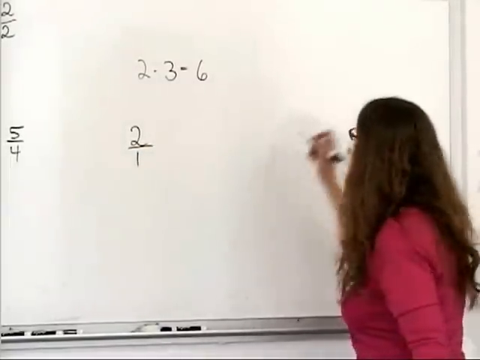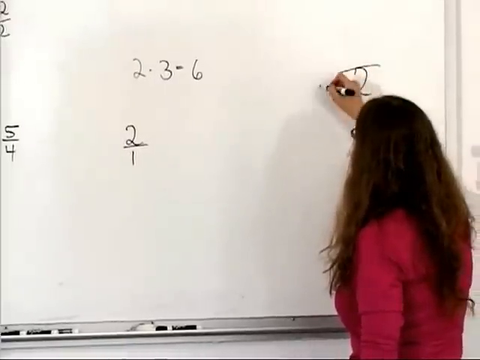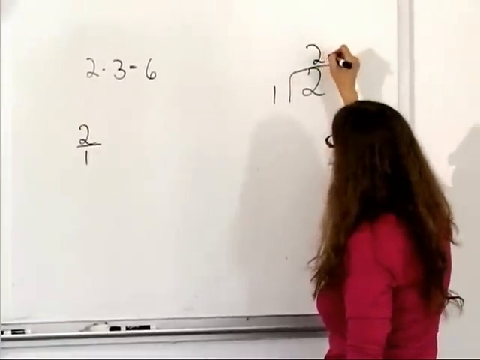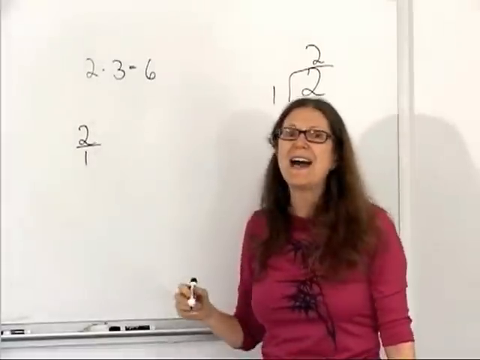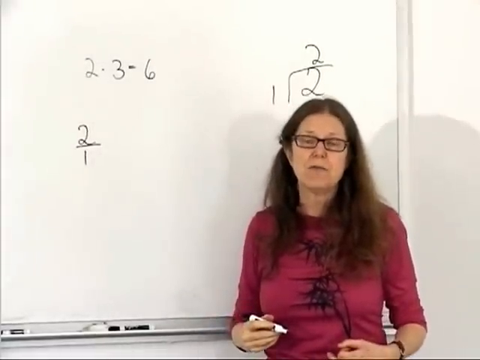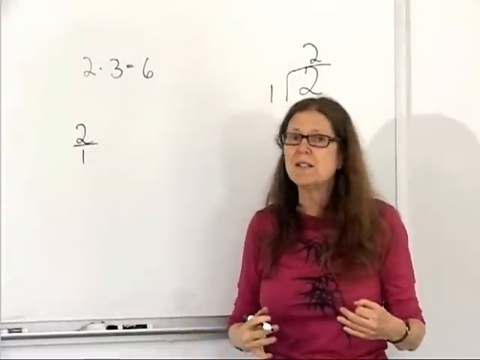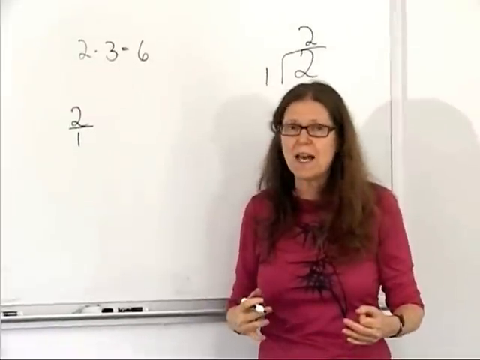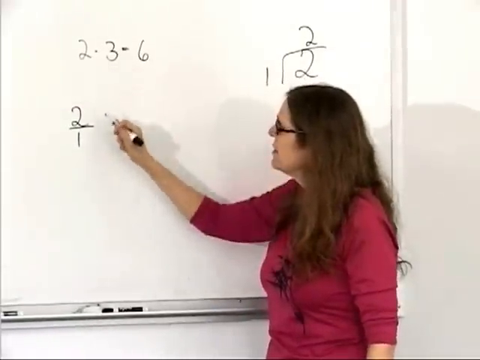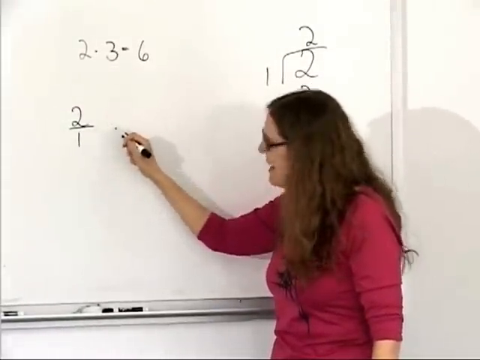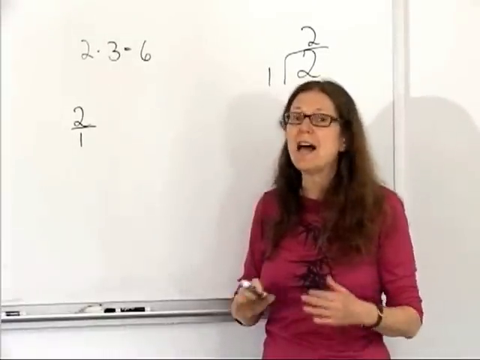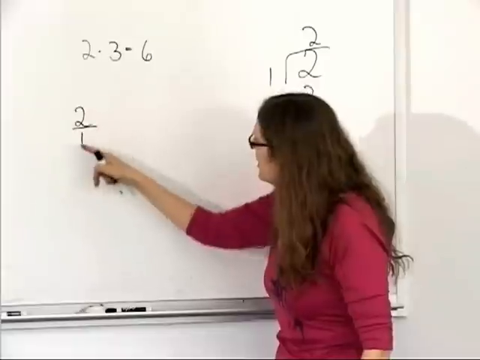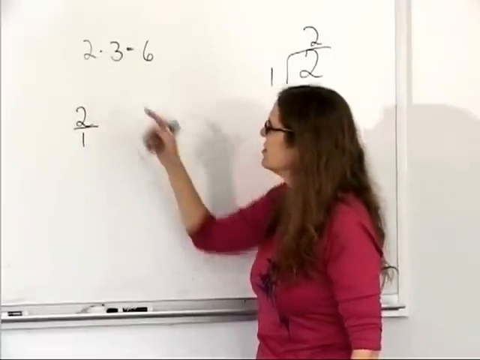Is that right? Is 2 divided by 1 2? 2 times 1 is 2, no remainder. Anything divided by 1 is itself. 10 divided by 1 is 10. 8 divided by 1 is 8. So I can always take a number and make it into a fraction, saying it's divided by 1, and I have not changed the value. This is equal to this.